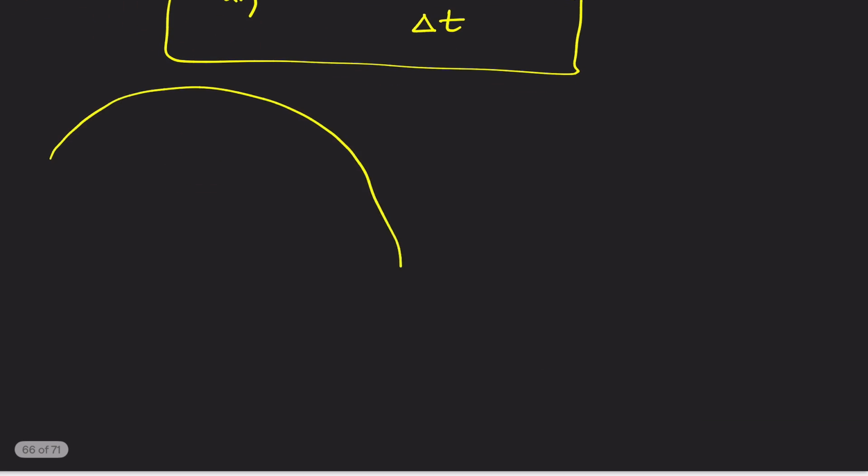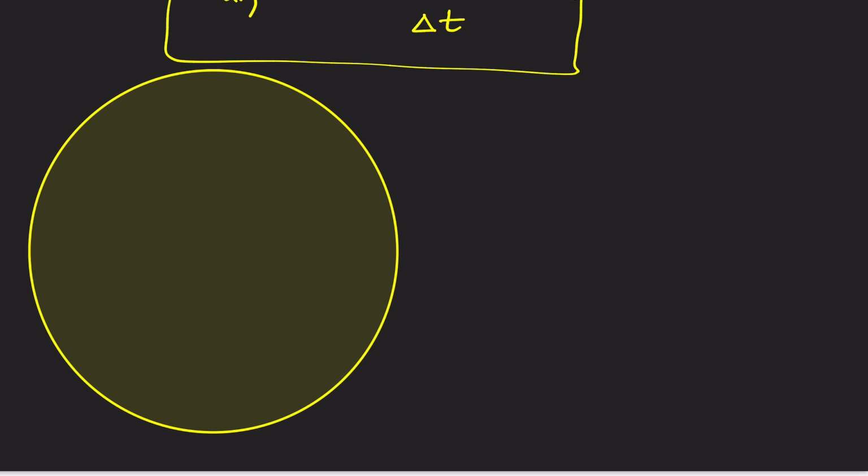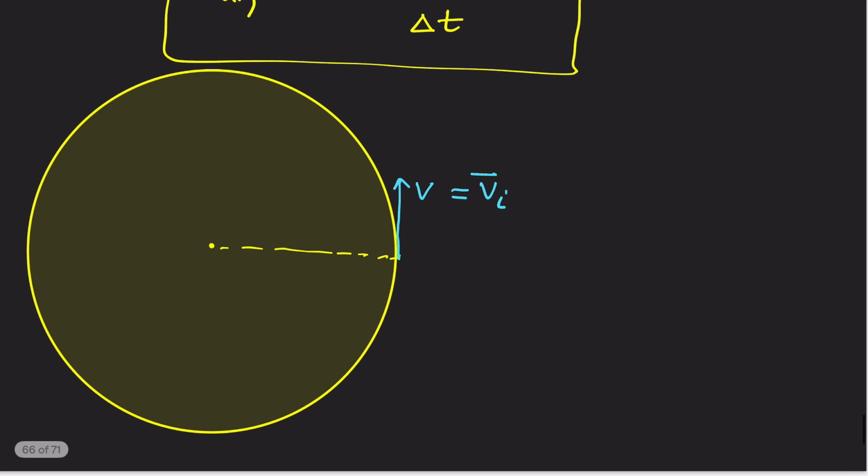So it's very, very interesting, guys, so pay attention. Now let me show some velocity vectors. Suppose this is the v, and this is your v initial vector.